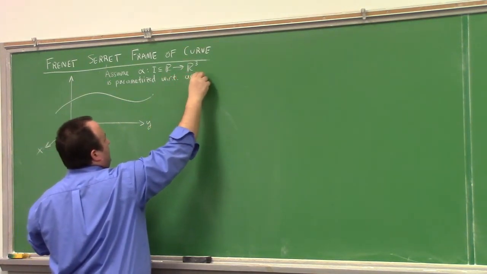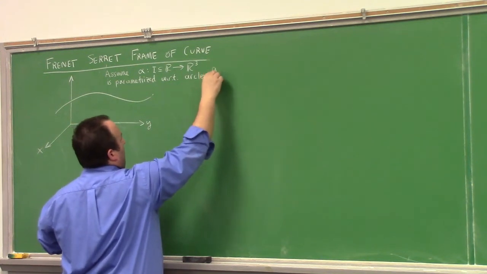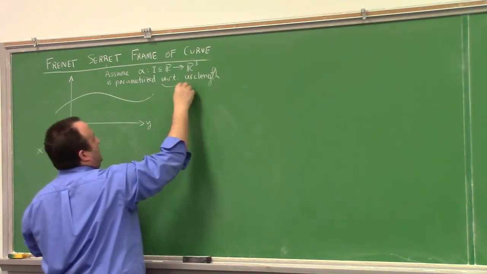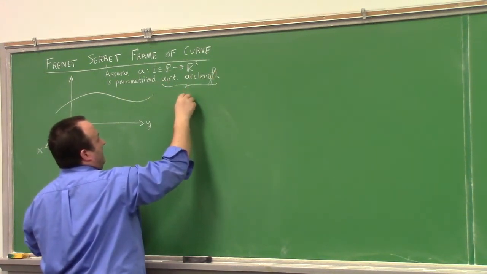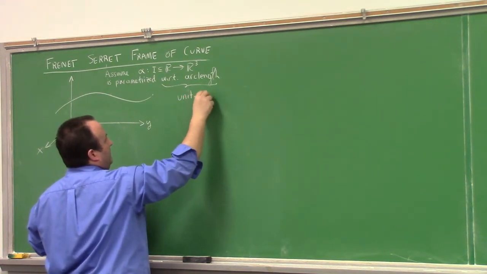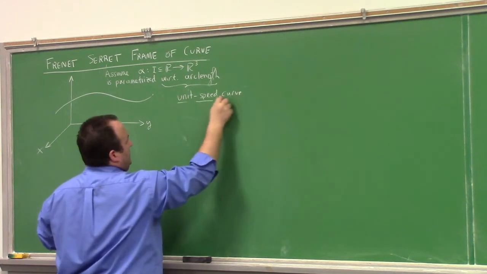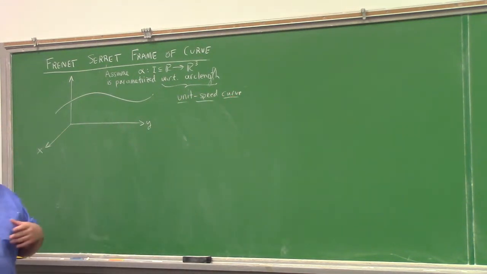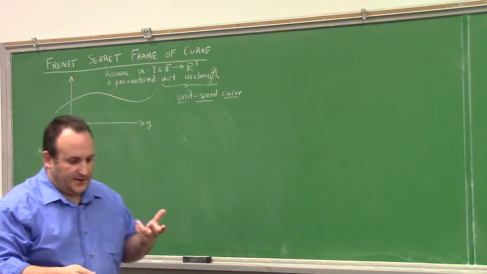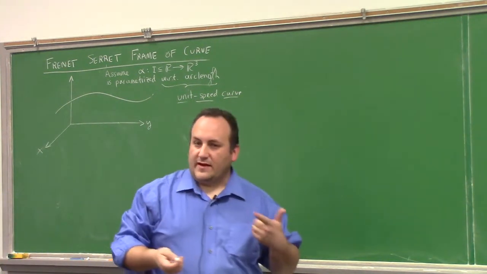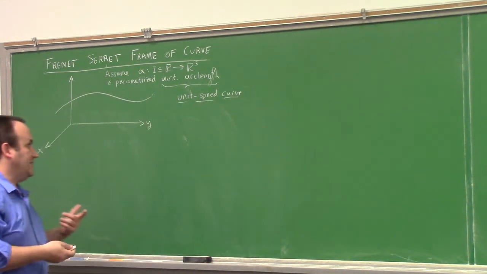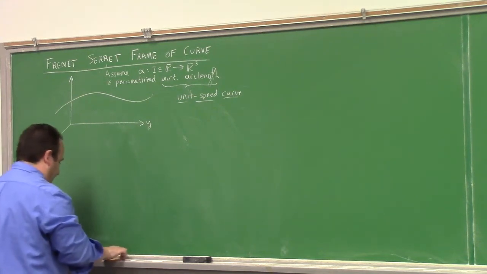In other words, you could say it's unit speed, a unit speed curve. All right? And what I want to describe to you is how we can set up a frame, an orthogonal triple of vectors along the curve, which essentially describe how the curve is twisting and turning and so forth.